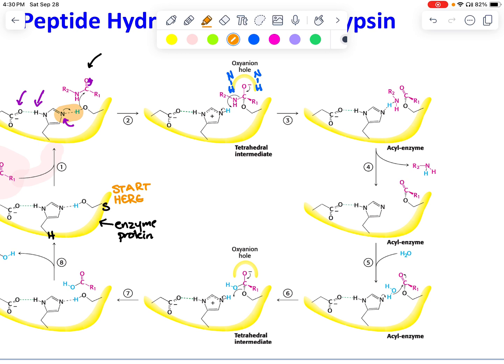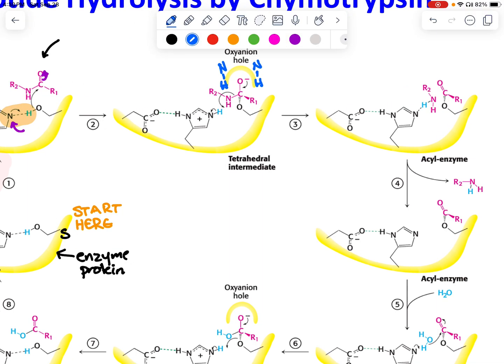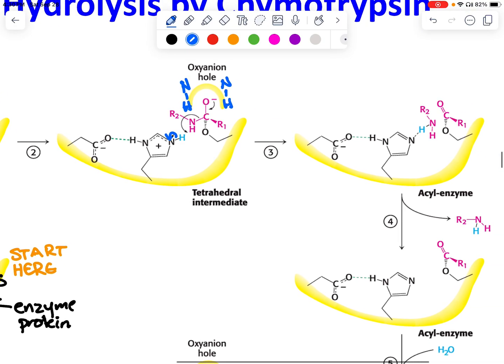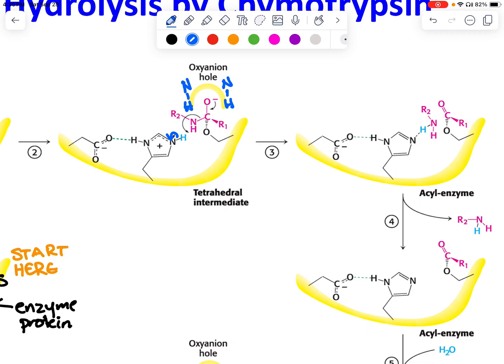So that nitrogen on the histidine keeps the electrons, and the hydrogen forms a bond with the nitrogen over here. Now those electrons come from this bond right here, so that bond breaks. There's our C-N bond that is breaking.